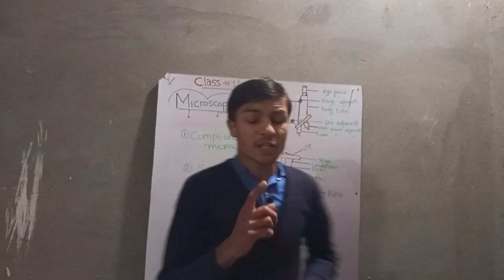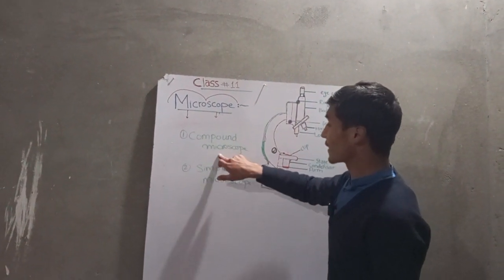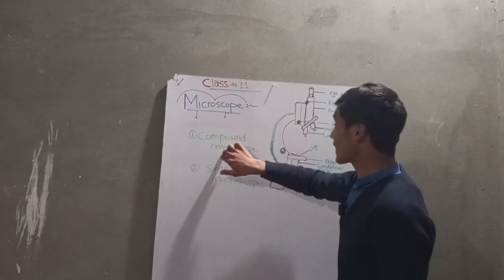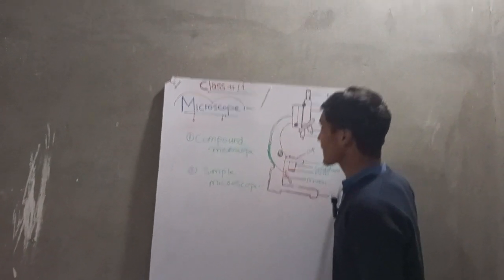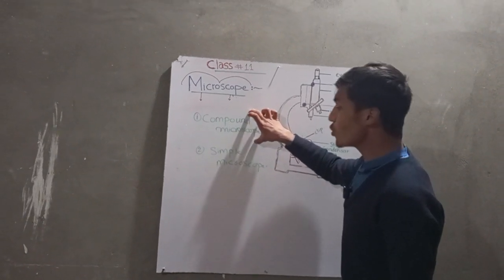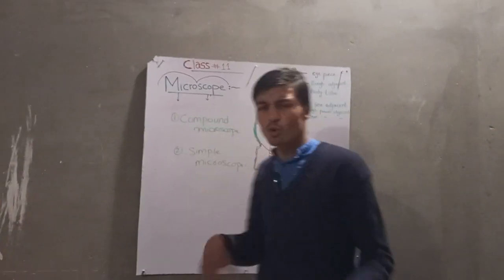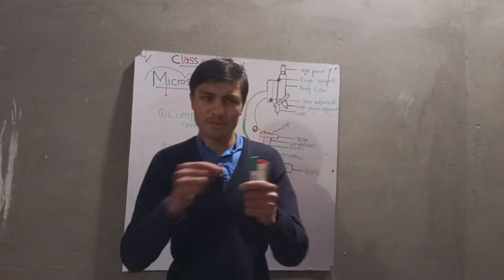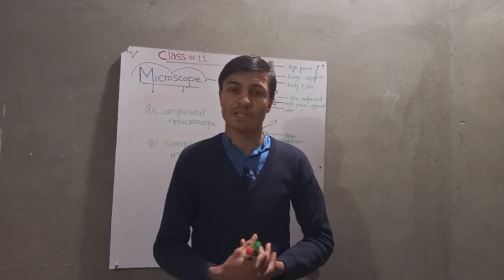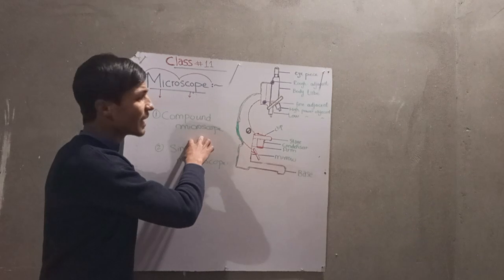Those microscopes which have only one lens are known as simple microscope, and those which have two lenses or more, one a high power objective lens and the second a low power one, are compound microscopes. Compound microscope we mostly use for very small objects, and simple microscope we mostly use for checking the blood of someone, for different functions related to hospitals and patients. But compound microscope we use in biology.